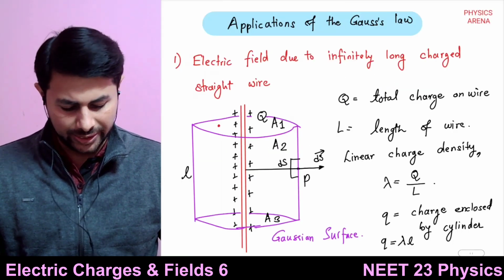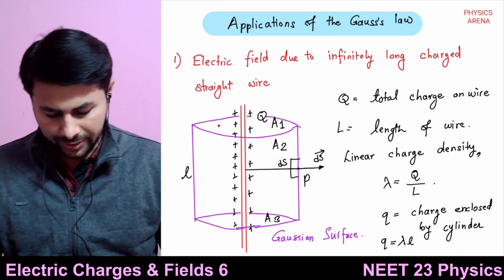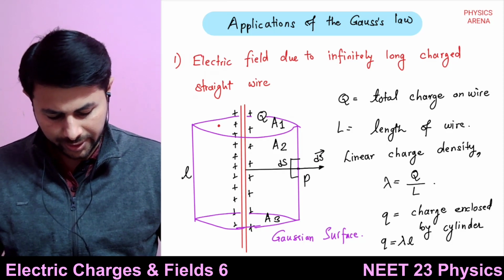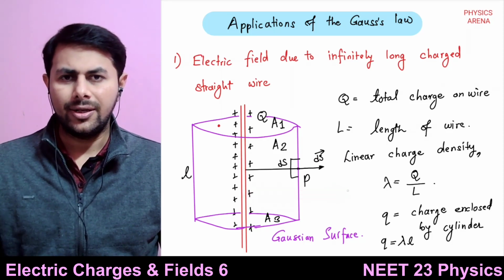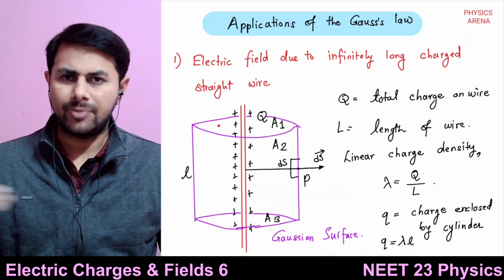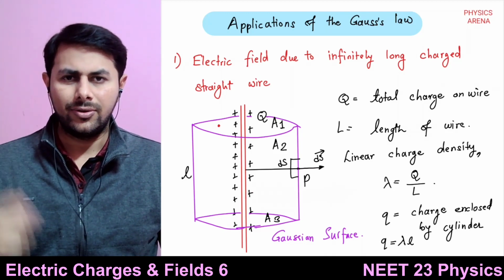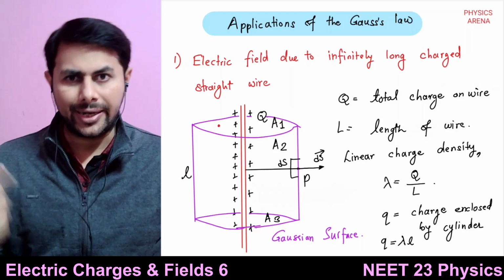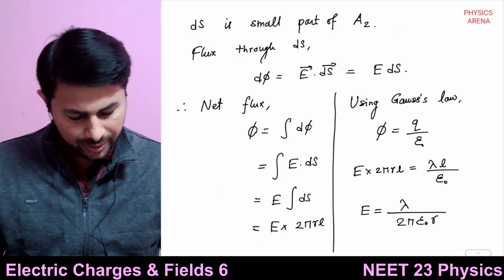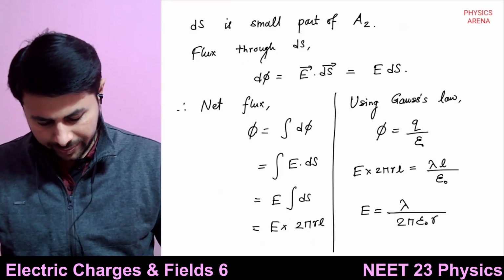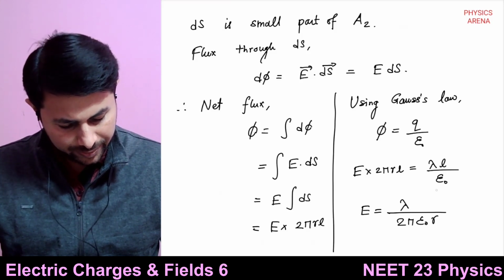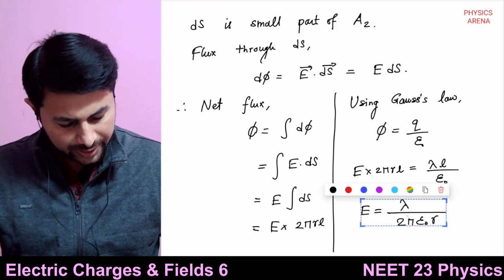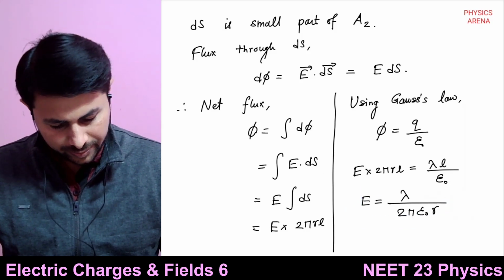So you can say it's directed along r cap. Or for perpendicular you can write a unit vector n cap. N cap means it is perpendicular to the length of the wire. N means normal, right? So this is the electric field lambda divided by 2 pi epsilon naught r, and we'll write it in vector form.